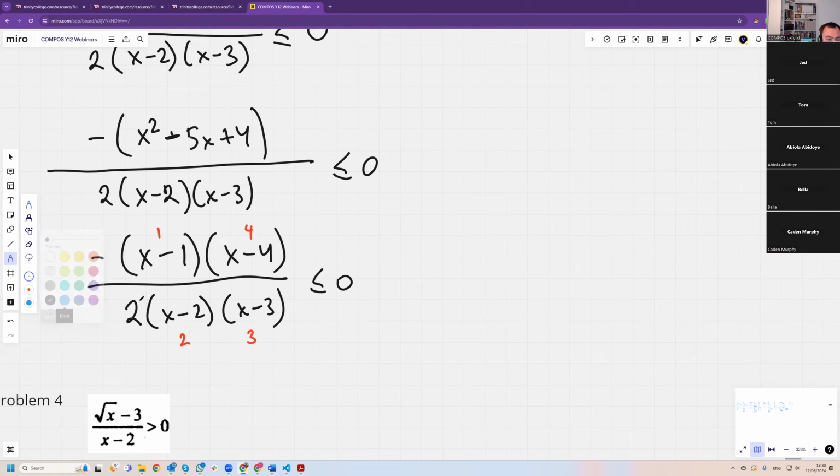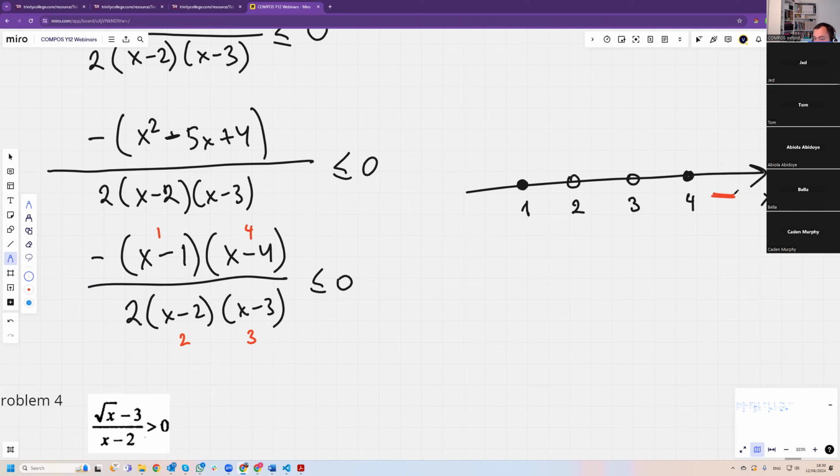And now I draw them. 1, 2, 3, 4. So 1 including, 2 not including because it's in the denominator, 3 not including because it's in the denominator, and 4 including because it's in the numerator and it can equal 0. Because if the numerator is 0, the whole thing is 0 and it's equal to 0. And then I choose, so if x is ridiculously large, something like 100, so positive, positive, positive, positive, but there's a minus, which makes the whole thing negative.